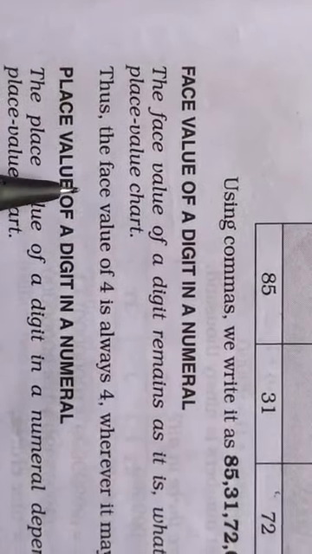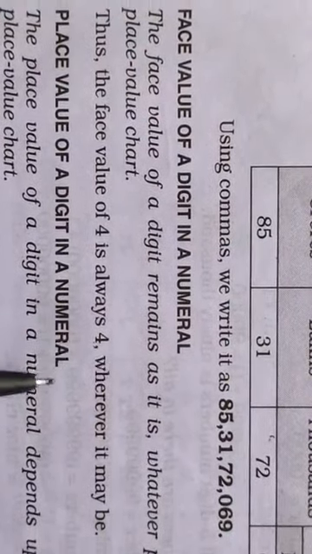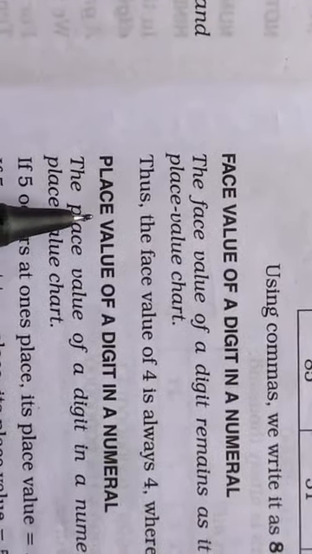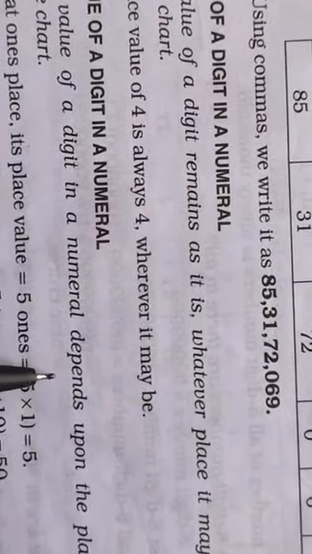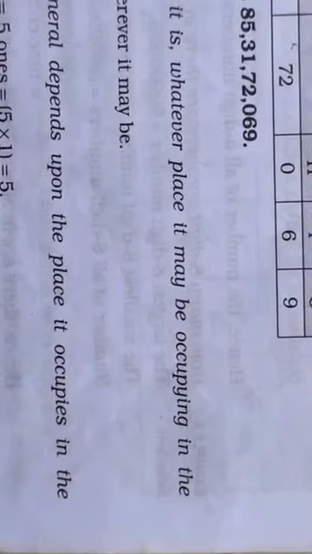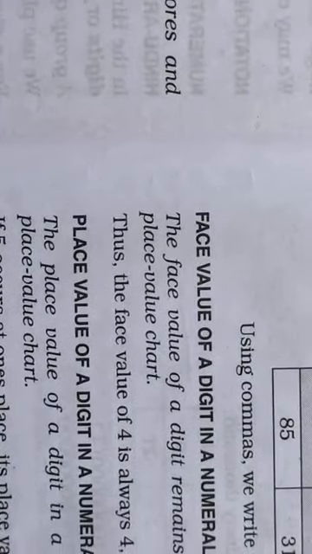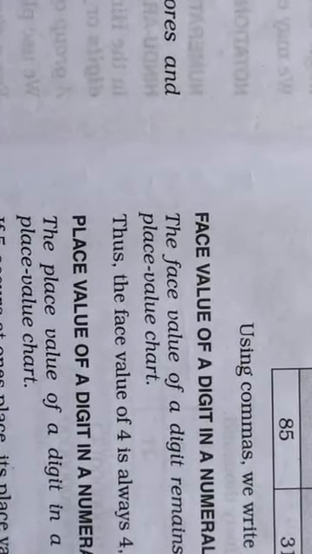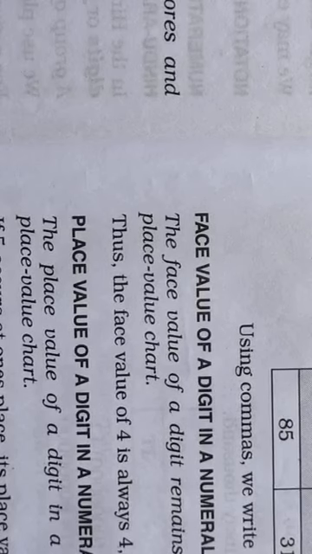For example, the face value of 4 is always 4. And the place value of a digit in a numeral depends upon the place it occupies in the place value chart, like the examples we did above. I hope you have understood face value and place value.